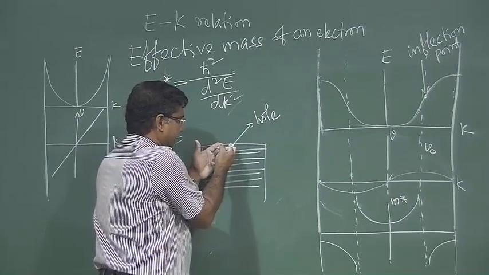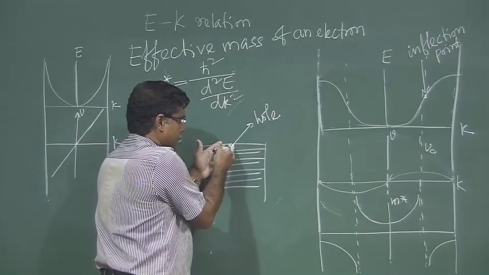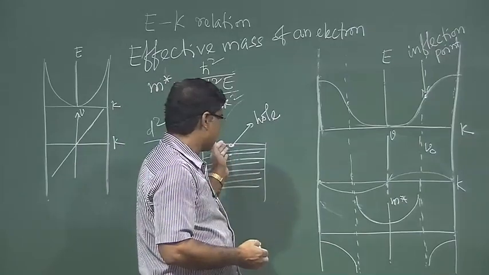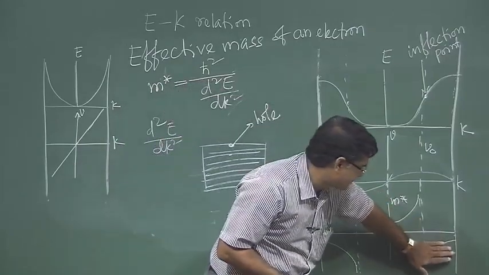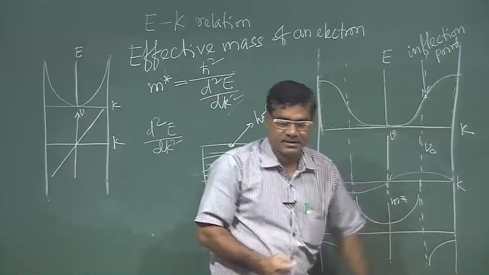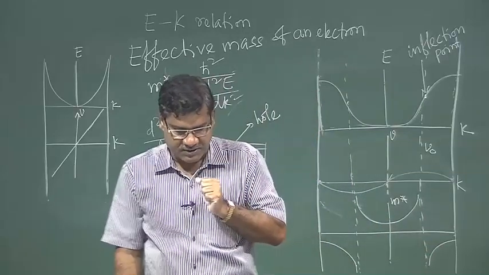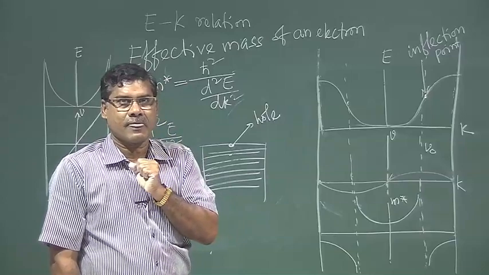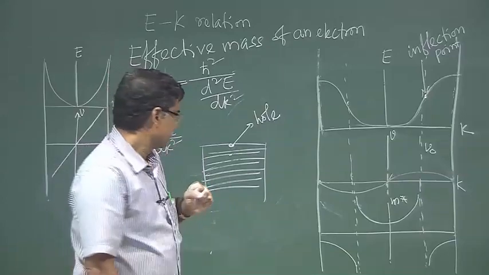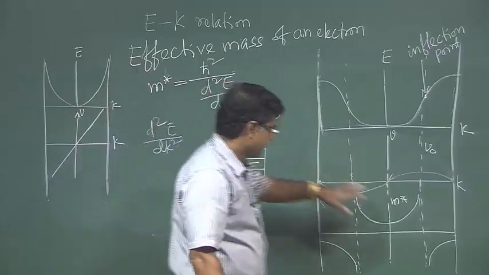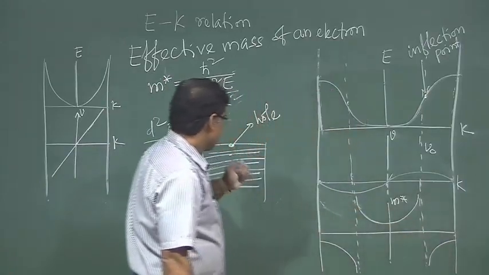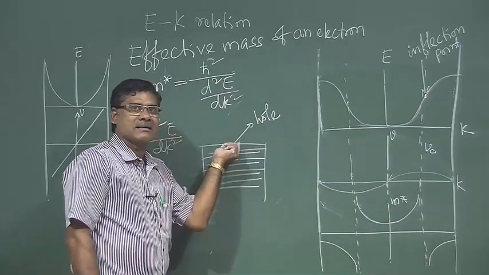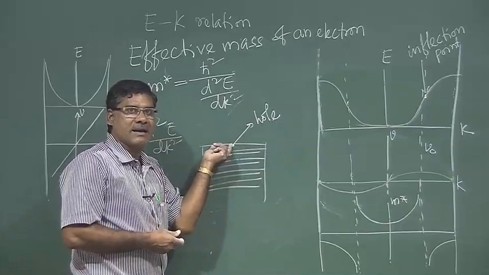So, when the electron is here, it's as if its mass is negative. Electron is here with negative charge and negative mass.